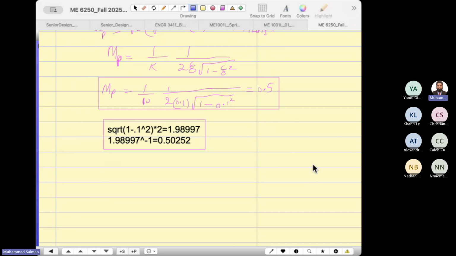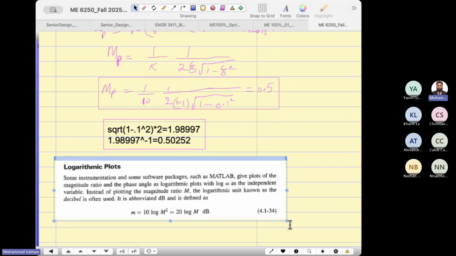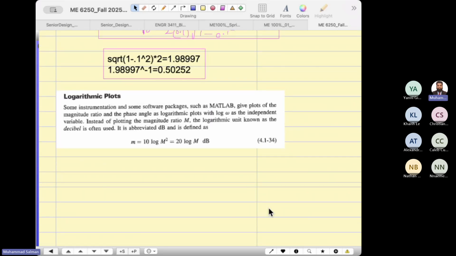Now, how can I write down the magnitude in the form of a dB? We can write down the decibel, the magnitude ratio. Instead of plotting the magnitude ratio, we can use this dB value.